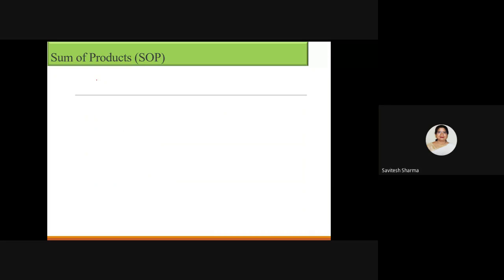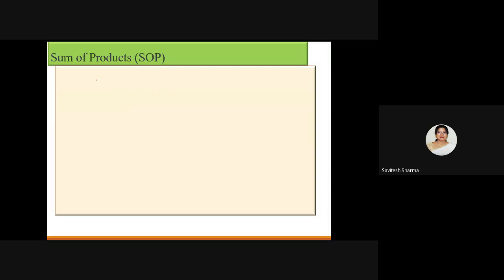Now come to the next topic, sum of products. Already we discussed yesterday how to get a product term, and I was saying that product terms are called min terms. I also told you about product of sums, and that a sum term is also known as a max term. So one by one we will see sum of products. Once you know the min terms, then you will sum.